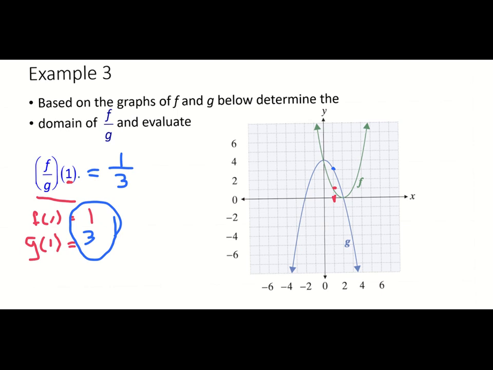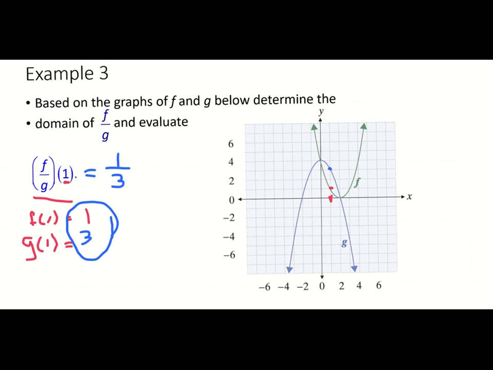But because we do have a division problem here, so we're finding the domain for f divided by g. Remember, you can't have a 0 in your denominator. So we really have to look at the g graph to see where the parabola crosses over the x-axis. And it crosses over here at -2 and +2. So your domain can be any real number except x can't equal -2 or +2.